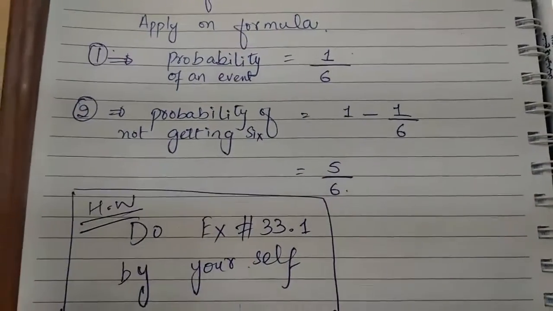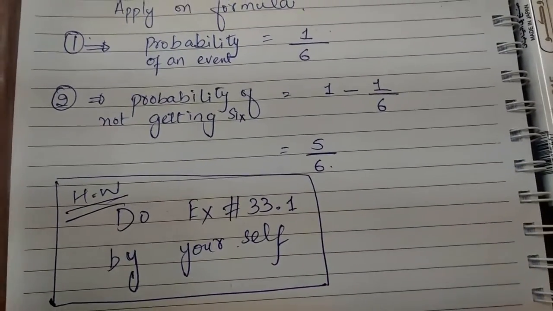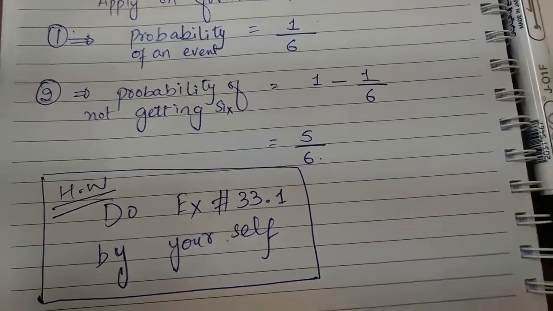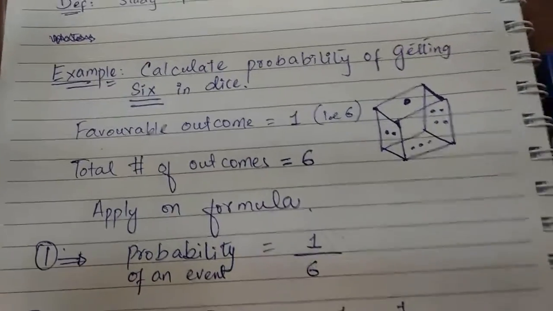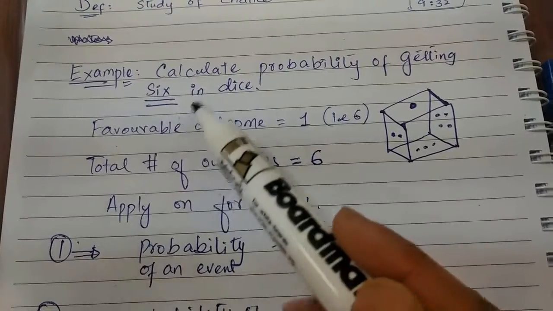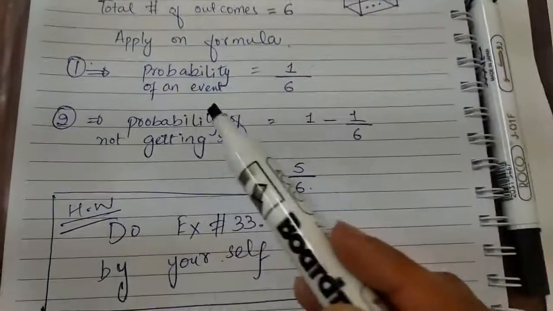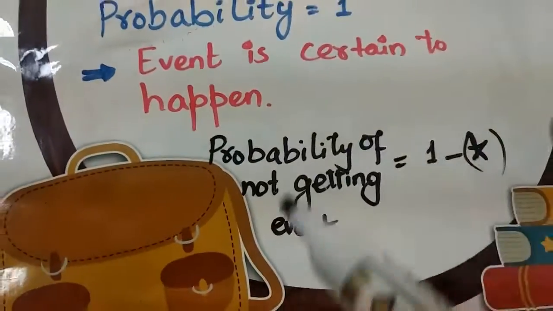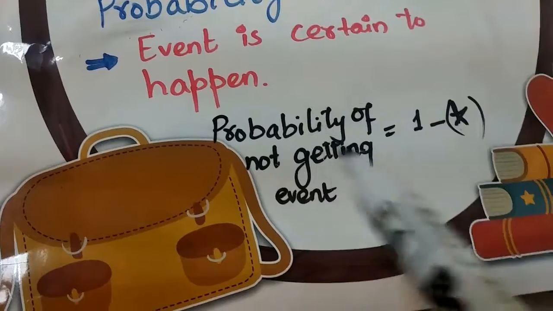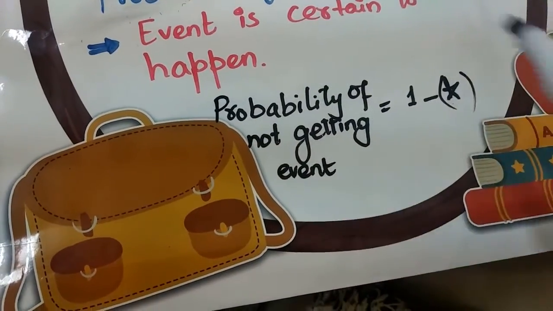I have also discussed another formula, which is the probability of not getting the favorable event. Here the favorable event is 6. Now you have to find the probability of not getting the 6. We have already discussed the formula, so I'm going to substitute the values according to my given example.